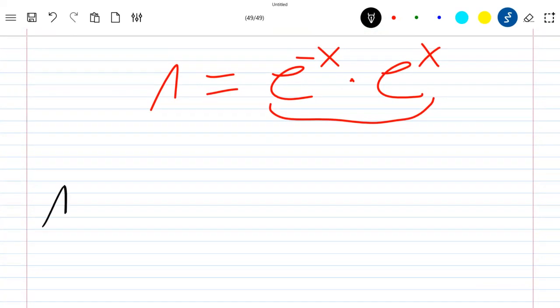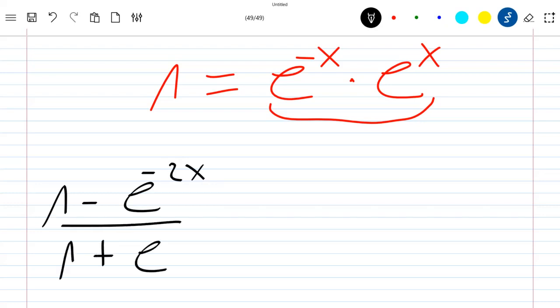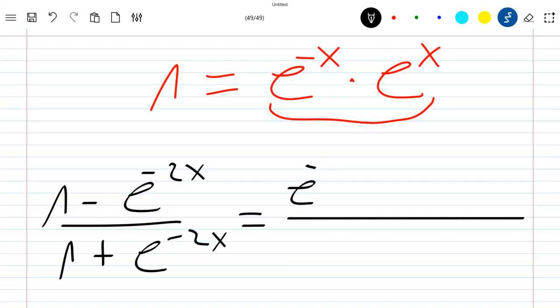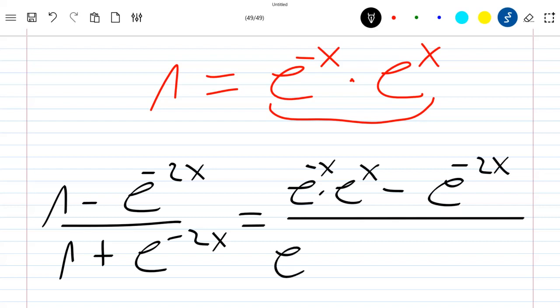We have 1 minus exponential minus 2x divided by 1 plus exponential minus 2x, which is equal to exponential minus x times exponential x minus exponential minus 2x here, and this one also is exponential minus x times exponential x plus exponential minus 2x.